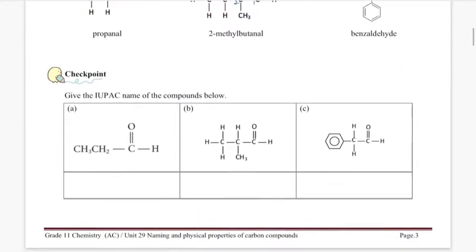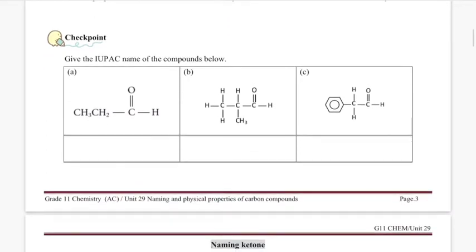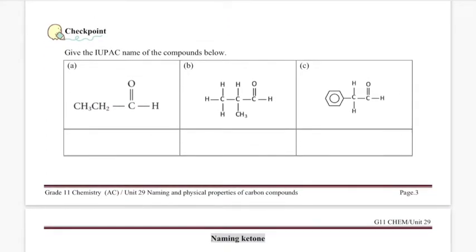Let's try some examples together. Here we have 3 molecules. Let's apply the rules and name them. For the first one, let's work out how many carbons are in the molecule. 1, 2, 3. So it has 3 carbons in total, so it should be named propanal.